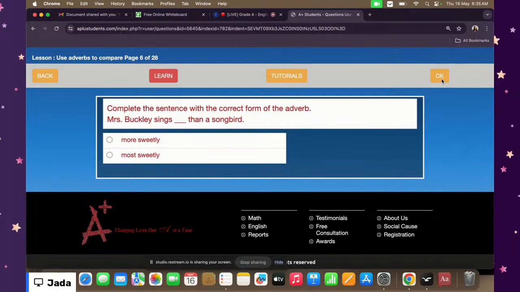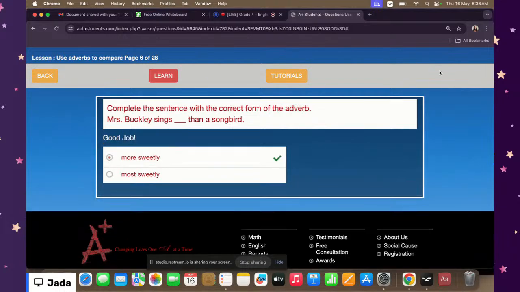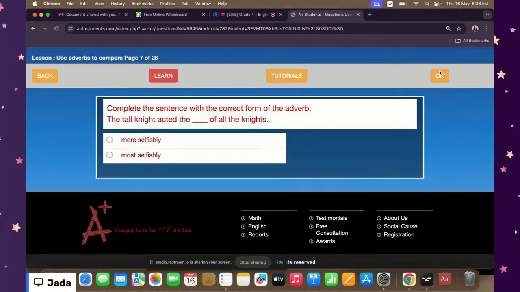More sweetly, because it is just one bird. It didn't say songbirds, just one songbird, and then Mrs. Bunkley.